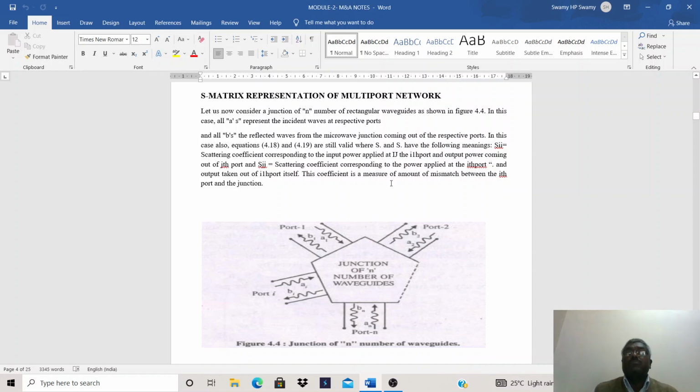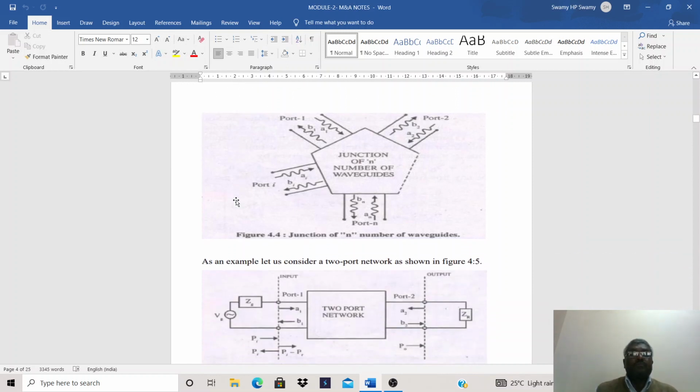This coefficient is a measure of the amount of mismatch between the Ith port and the junction.